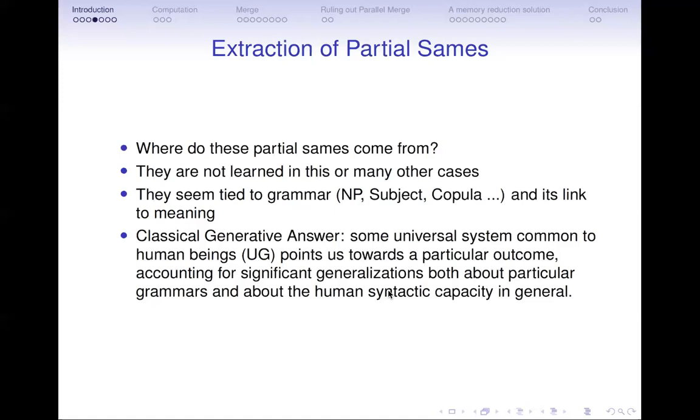Now, the classical generative answer to this question is that there's some universal system, universal grammar, that points us humans, as we learn a language, towards a particular kind of grammar in the end, a particular outcome. And figuring out what that universal system is the thing that allows us to account for the significant generalizations that are around, both about particular grammars and about the human capacity for syntax in general.